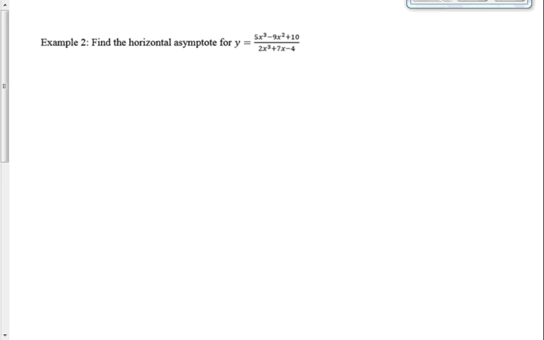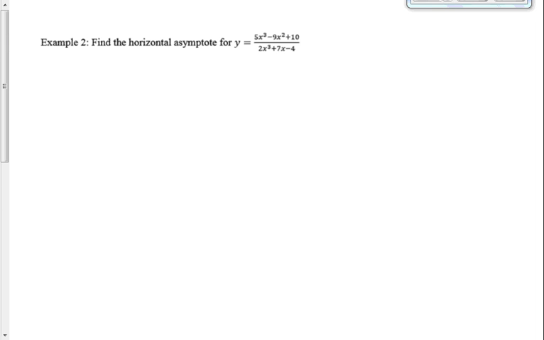So let's look at this next example. Find the horizontal asymptote for this function. Now, I'm guessing that at a glance you actually already know the horizontal asymptote for this function because you were taught a trick as to what eventually is going to happen. And maybe not a trick, but it was a pattern that would always happen when you used other techniques for evaluating this limit. But now we're going to look at this limit using L'Hôpital's.